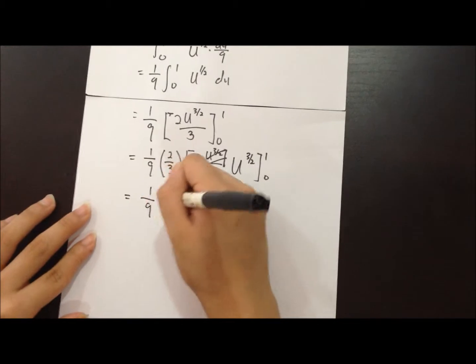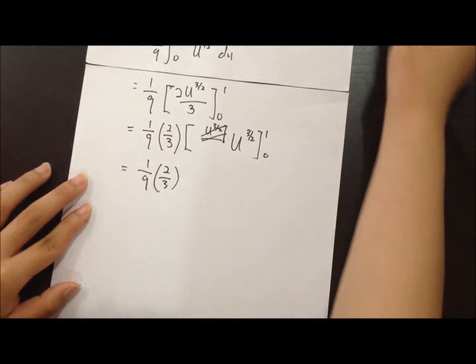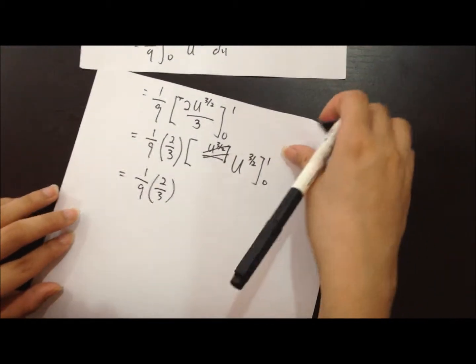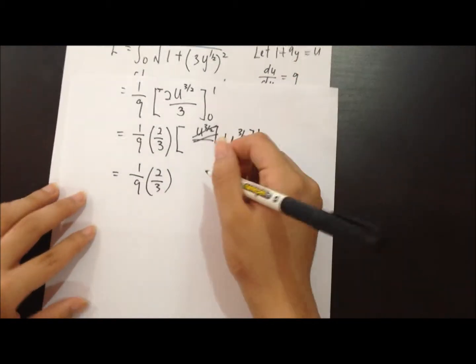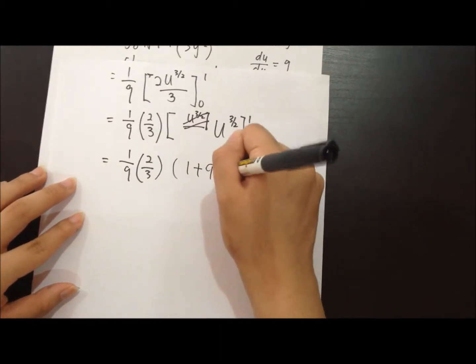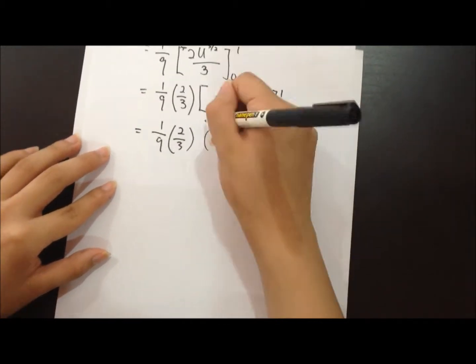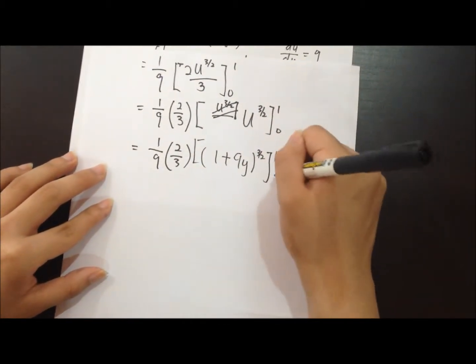So 1 over 9, 2 over 3, then we put in the u. Just now the u is 1 plus 9y. So 1 plus 9y to the power of 2 over 3, between 1 and 0.